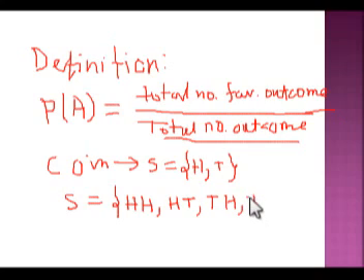There are four possibilities, not more than that. These are the maximum number of possible outcomes.